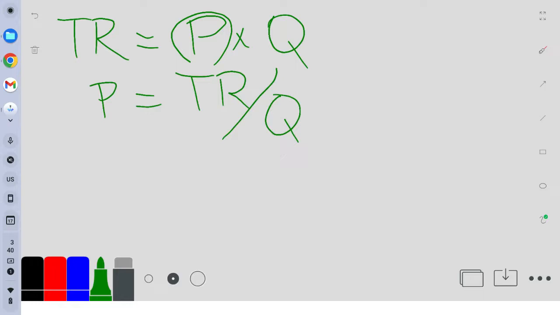So price is simply also expressed as revenue divided by quantity. But if you divide total by quantity, what is that called?